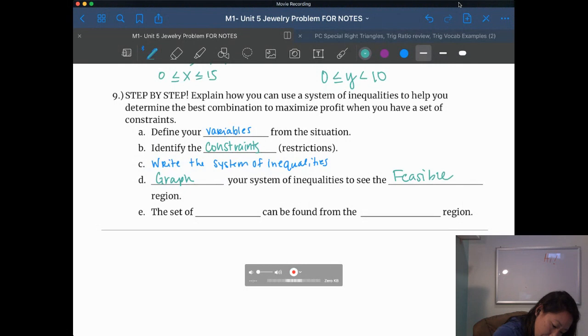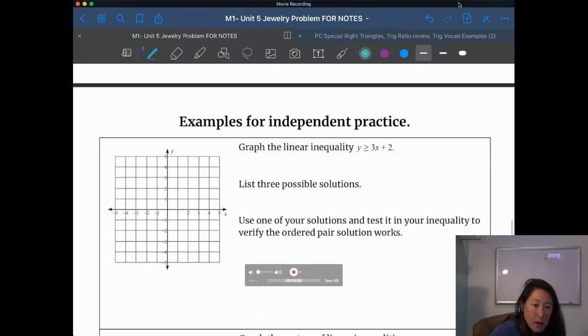Then we looked at the set of solutions or ordered pairs that can be found from the feasible region. All right, I'll leave it here for this.